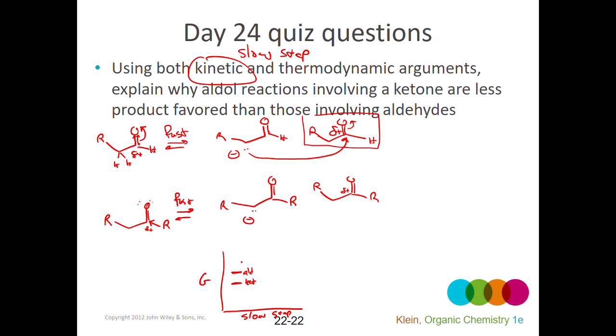In addition to that difference in starting energies before the slow step, you have to also imagine what's happening during the transition state. So during the transition state, this is going to attack. This is the slow step. This carbon has to make a bond to the carbonyl carbon and push those electrons up.